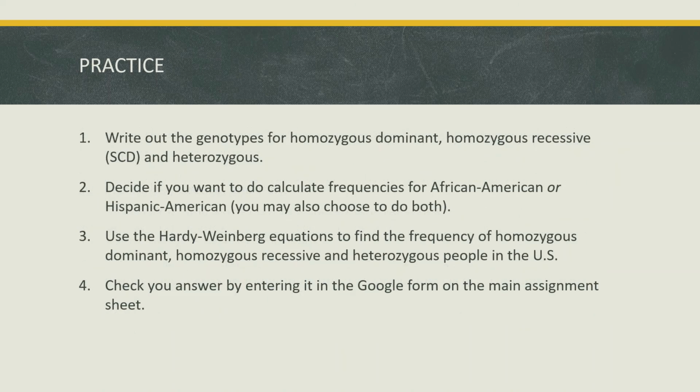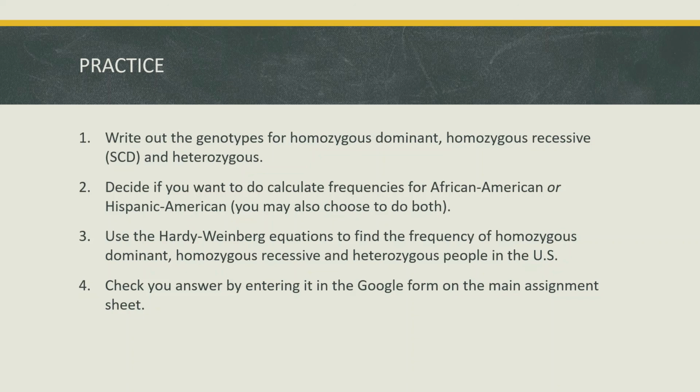Now, you're going to do 4 things. First, write out the 3 genotypes for sickle cell. Homozygous dominant, people who do not have sickle cell disease. Homozygous recessive, those that have sickle cell disease. And heterozygous, those who carry the sickle cell trait but do not have the disease.